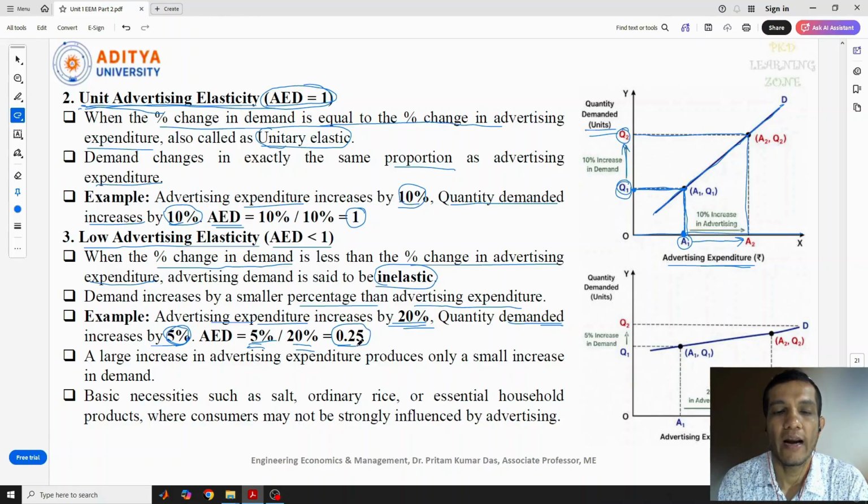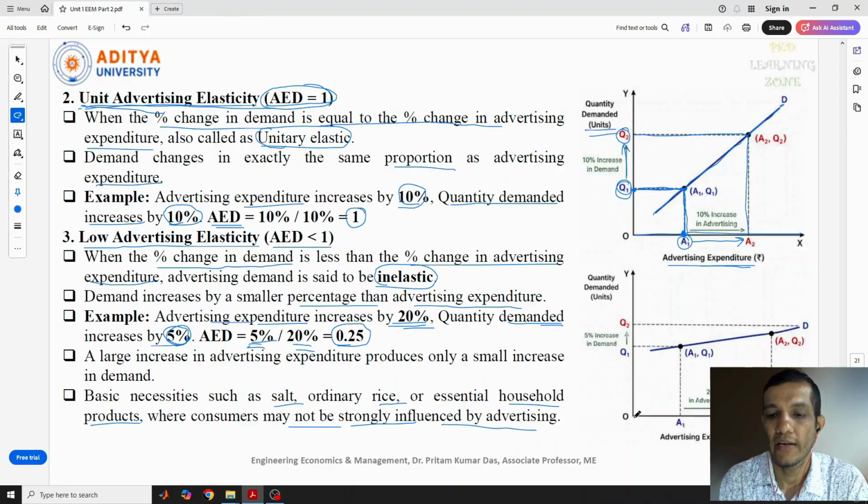There is no need of advertisement for some products. That will come under basic necessities like salt, rice, and some household products, which do not require any kind of advertisement. No need to spend money on advertisement. People, the customers, will definitely buy that product. That is not required, so it is not that strongly influenced by advertising.